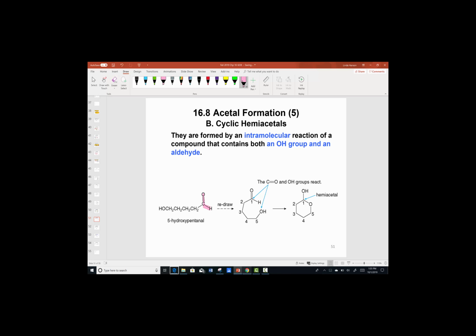Here's a carbonyl making it an aldehyde, Al for aldehyde. But down at the other end is an alcohol group, 5-hydroxypentanal. So here, the OH at one side and the opposite end is the aldehyde.